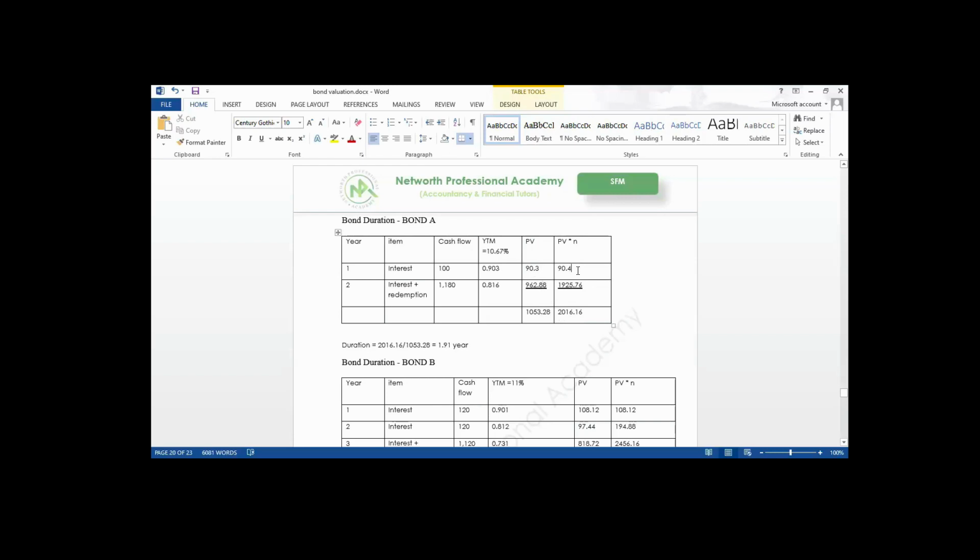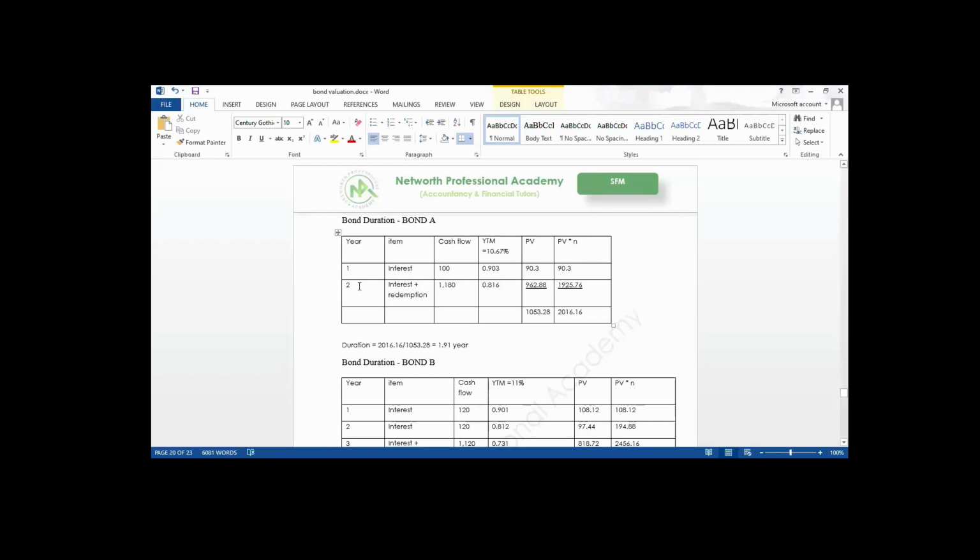Then come to the last column. Now, your last column, please listen, is present value multiplied by the corresponding number of years. Year 1, 1 multiplied by 90.3. What do you have? 90.3.